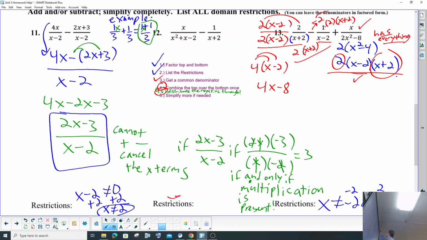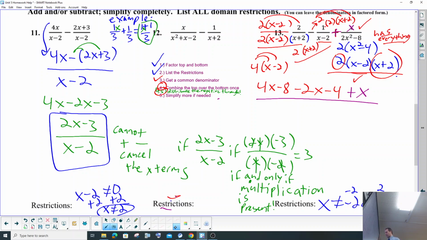Then we have a negative 2 times x, which is a negative 2x. And then negative 2 times 2 is a negative 4. And then don't forget that we also have the plus x. And all of that is over the denominator.